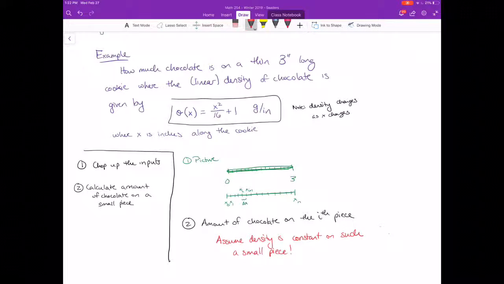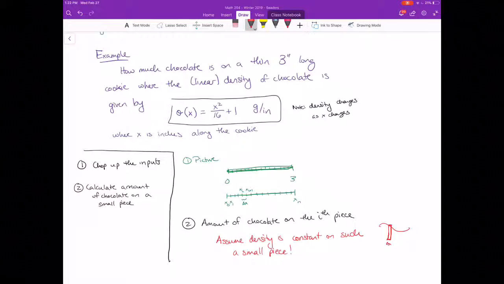So that's like in 252 when you assumed that the area under the curve was a rectangle. So you were assuming the height of that rectangle was constant because this piece was so small.